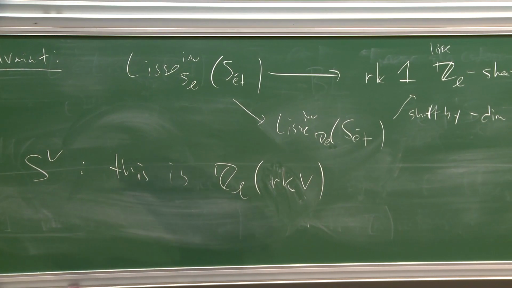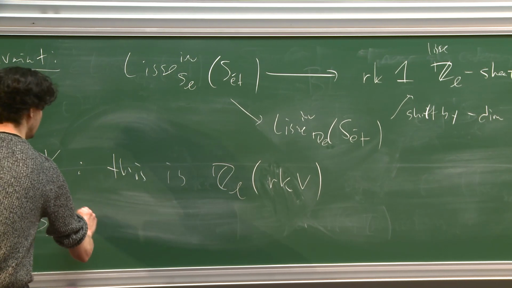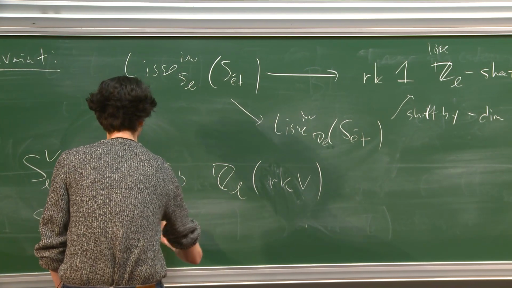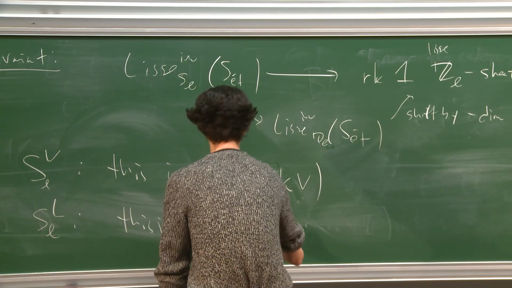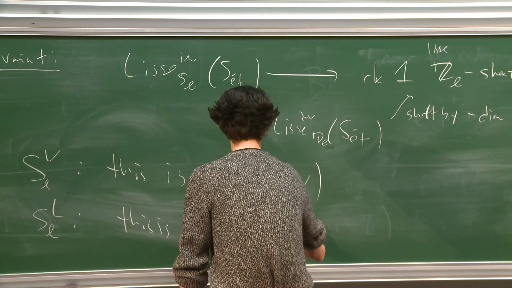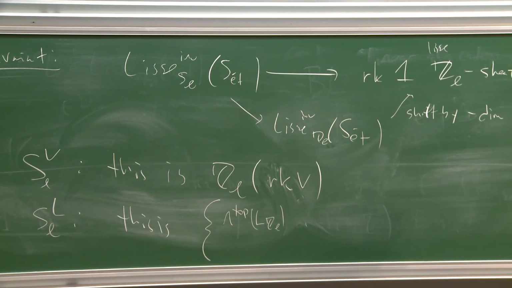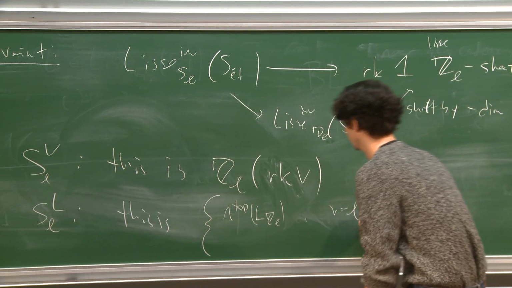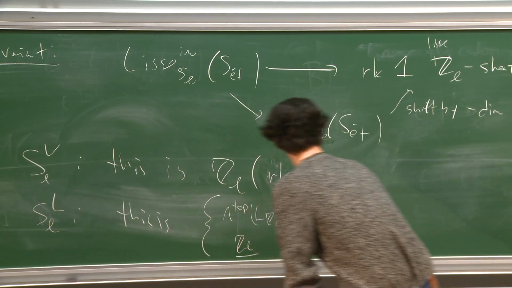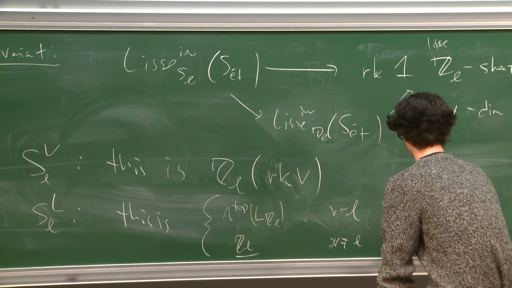And in the case of S_L, it's the top exterior power of L. So if you choose a lattice inside L to make it a lisse Z_L sheaf, then it has a top exterior power, which is rank 1, and that's what goes there. If mu is equal to L, it's just trivial; again, if mu is different from L. So this is after choice of lattice.